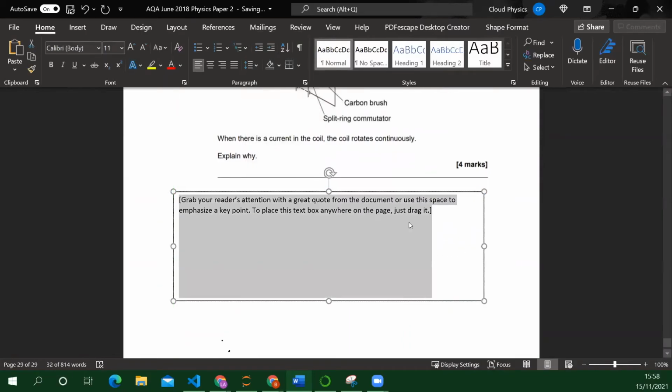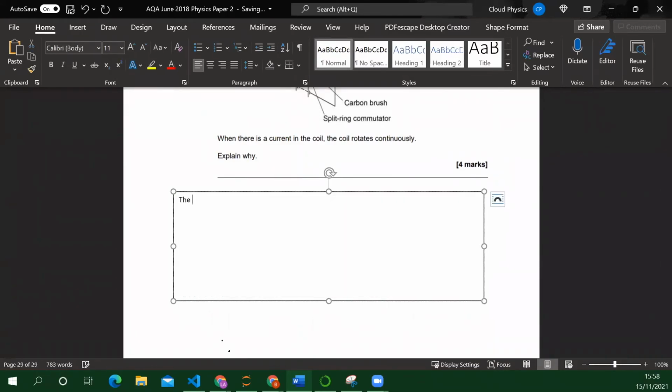Okay, right, so let's start off. So the sides of the coil which are parallel to the magnet experience force in opposite directions.